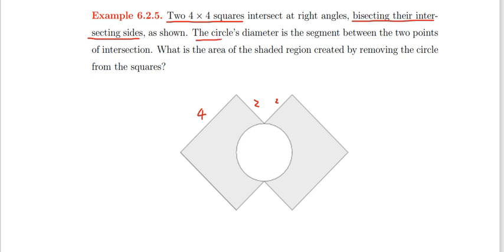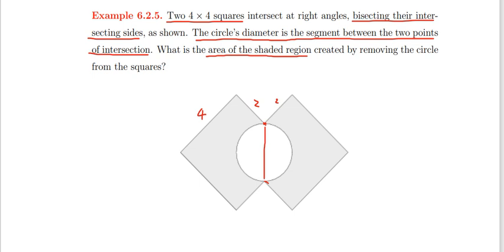A circle's diameter is the segment between the two points of intersection, so here we have a circle. The question is to find the area of the shared region created by removing the circle from the squares.